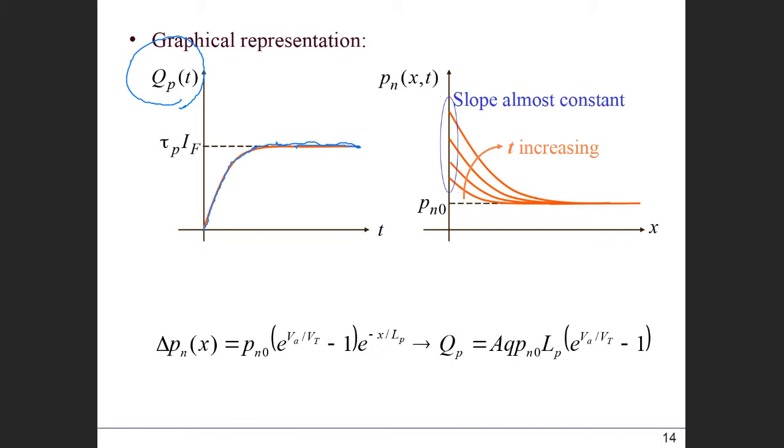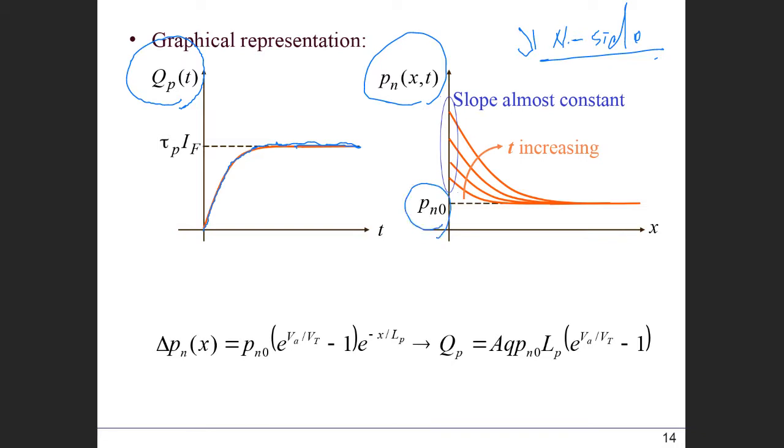Okay, so that kind of conclusion we can get by solving this continuity equation. Now, in terms of the hole concentration, if you look at the hole concentration as we increase the time, this one shows the N side. So initially, at thermal equilibrium, there is no bias.